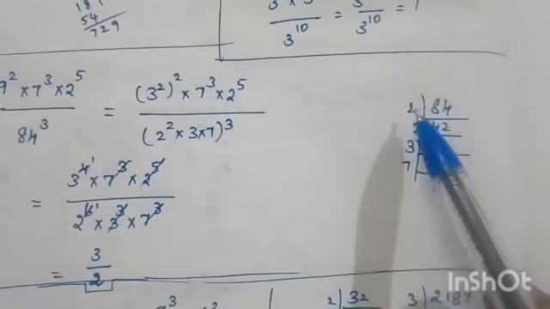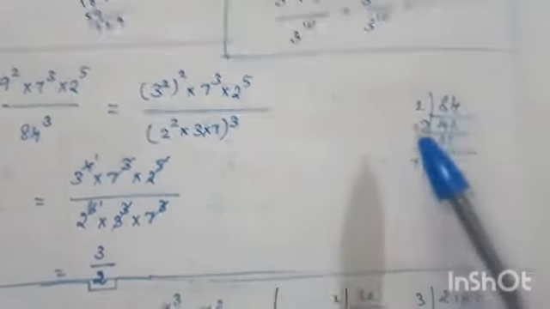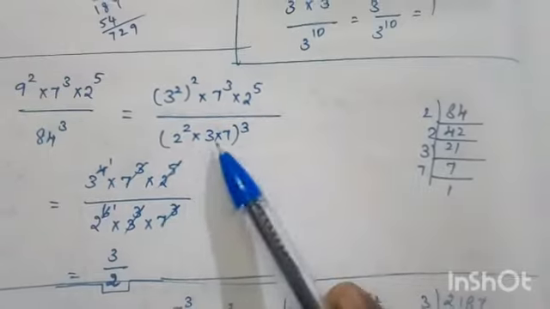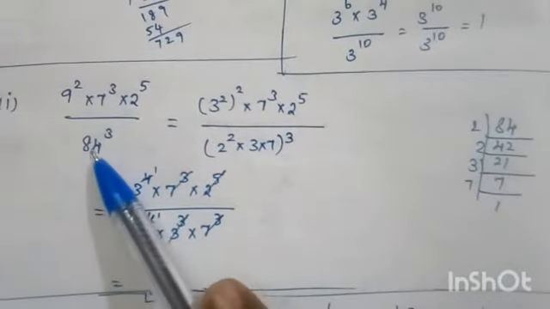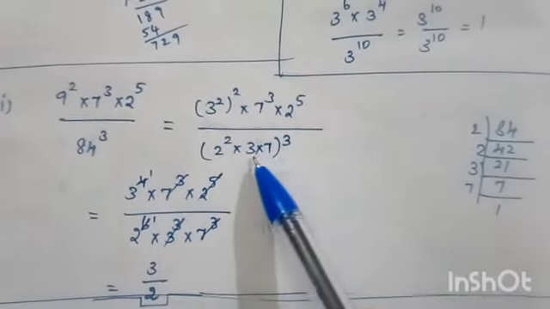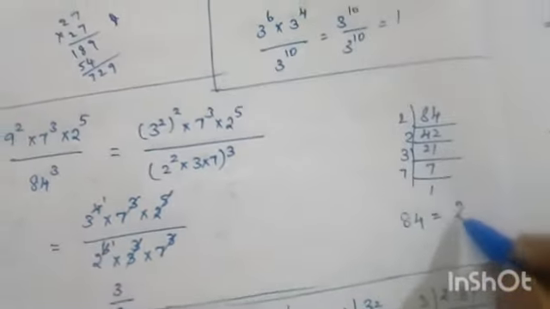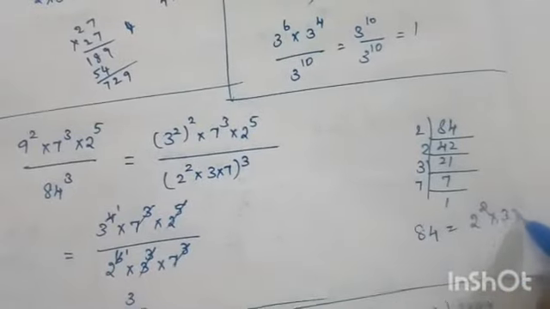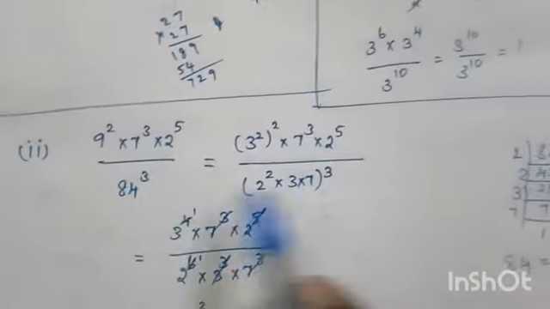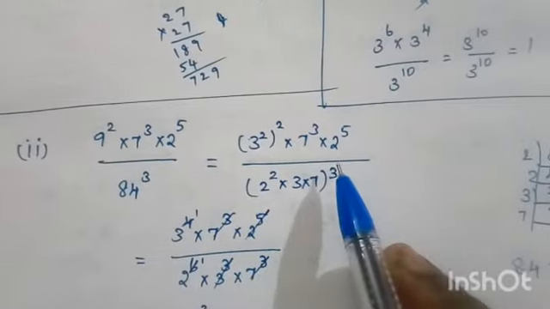So 84 is 2 square into 3 into 7, and since whole cube is there, write the whole cube.